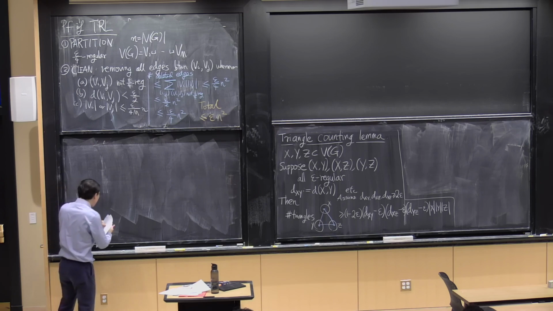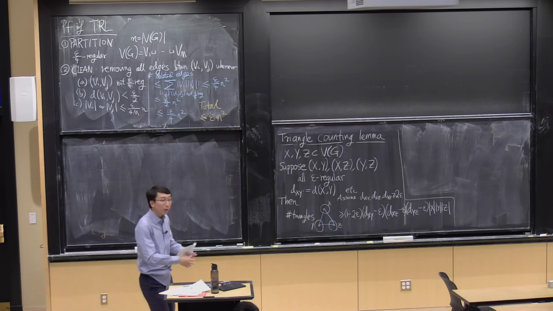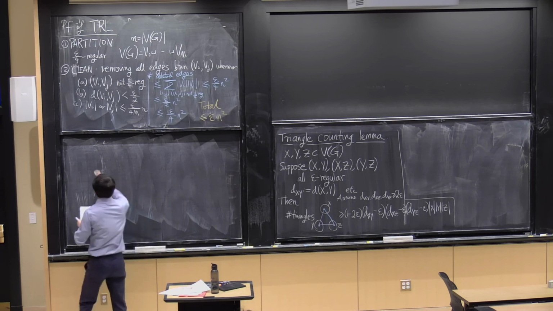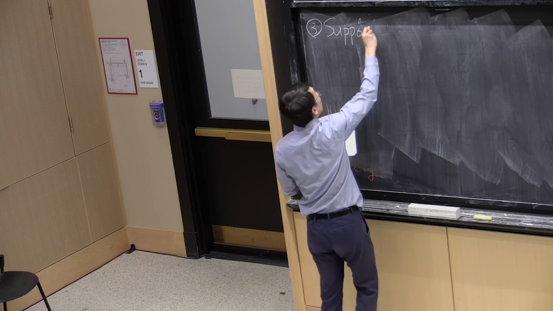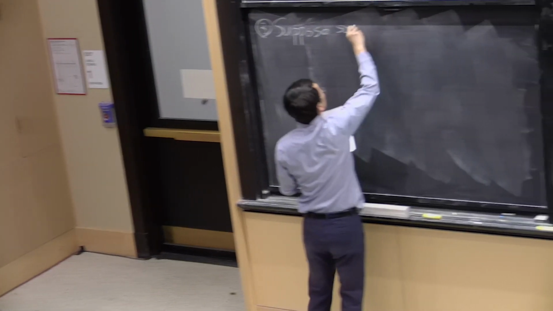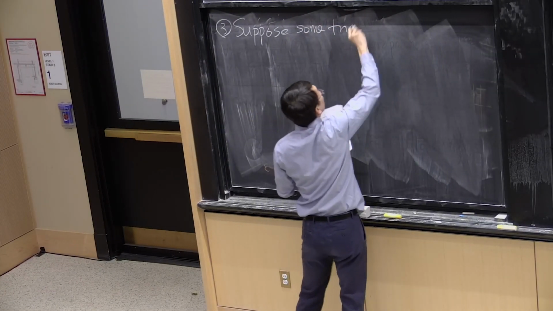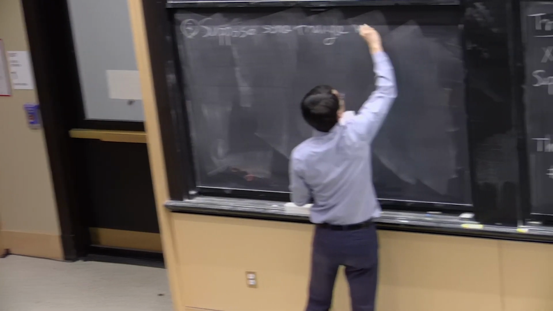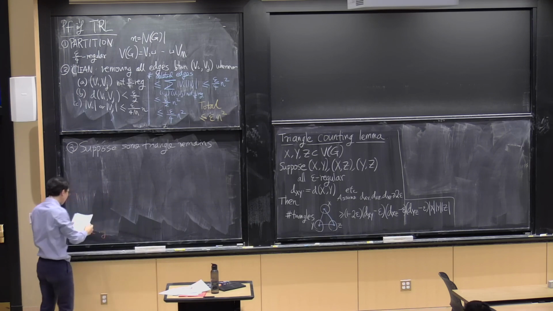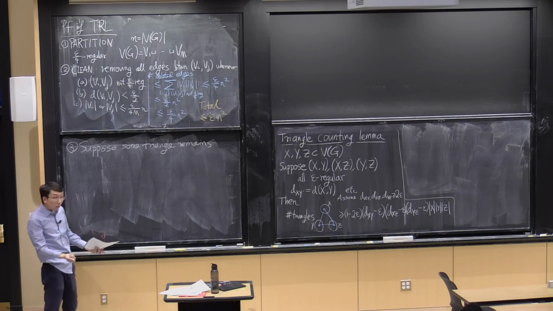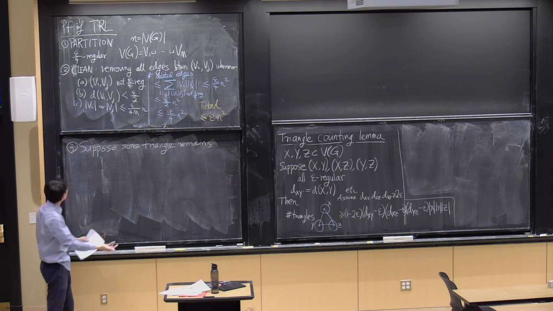Now, suppose after this cleaning, some triangle still remains. So we're now on to the third step. Where could this triangle sit?